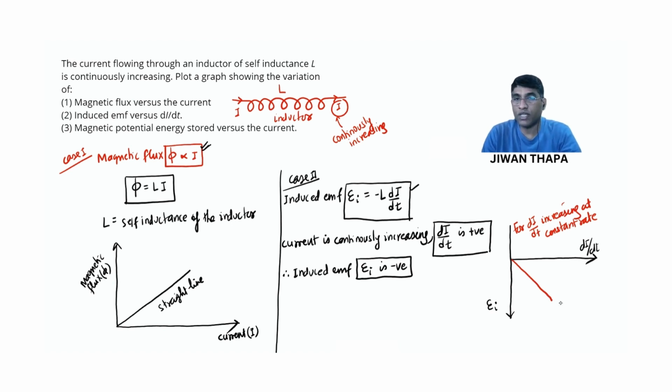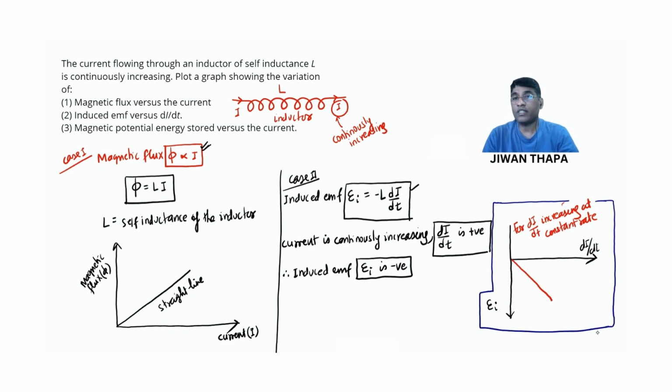So this is to be noted. Clear? For di by dt increasing at a constant rate, this is the plot of induced EMF versus di by dt.